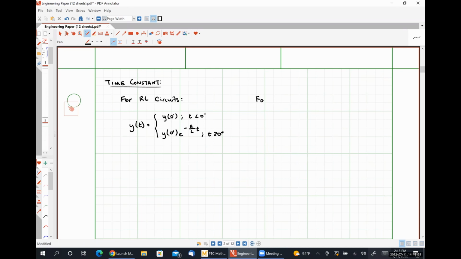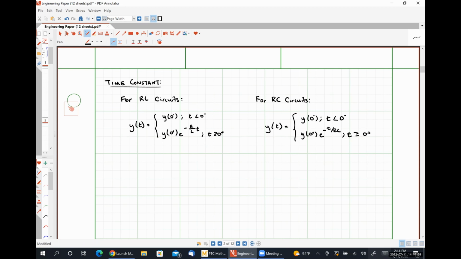For an RC circuit, we have just derived the relationship that effectively says Y of t, where in this case Y is either the voltage drop across a resistor or capacitor, or the current flowing through a resistor or capacitor, will be of the form Y at 0 minus, for t less than 0 minus, and Y of 0 plus, e to the negative t divided by RC for t greater than or equal to 0 plus.